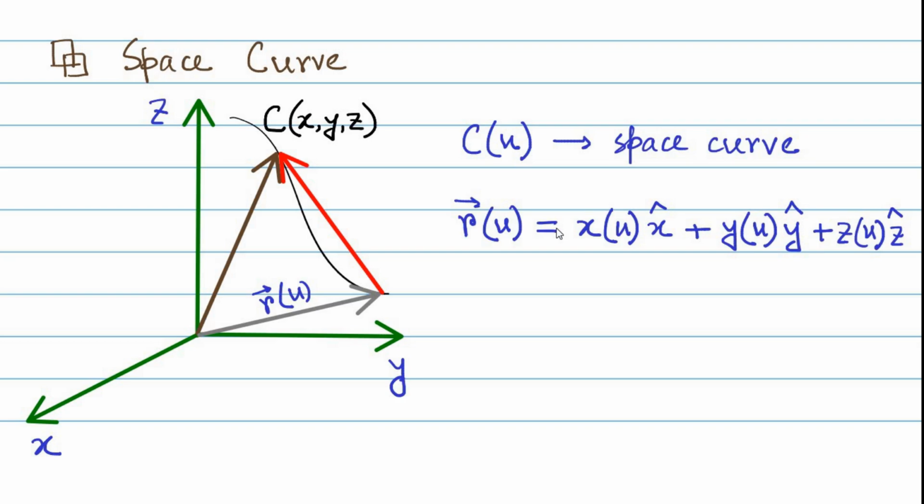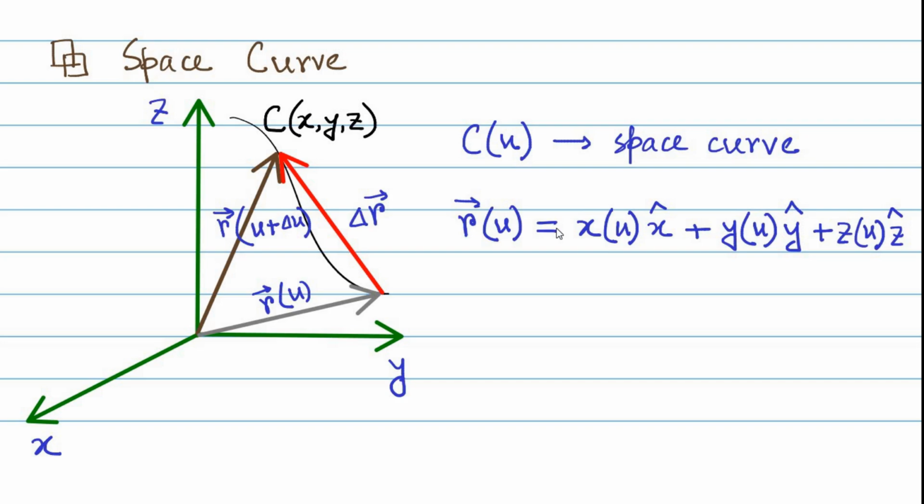So after a while, when the parametric value changes from u to u plus delta u as before, the new position on the curve that the position vector traces is this brown vector right here, and we can denote it by writing r of u plus delta u, just like before, and therefore we can find the difference vector, sometimes also called the displacement, if we are really talking about spatial position.